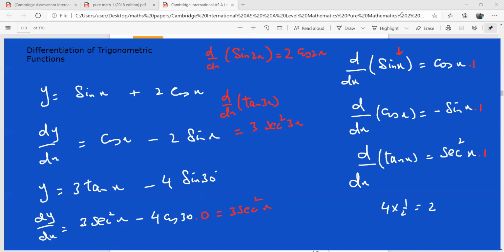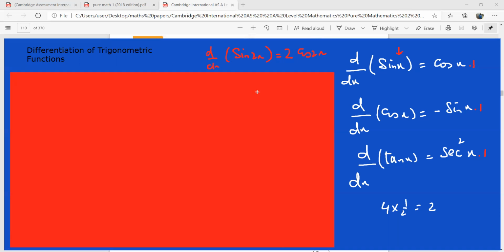Okay? If I relate this with the exponential functions or the logarithmic functions, there you have seen that if you differentiate e raised to power 2x, that is e raised to power 2x times 2, that is the derivative of the power.